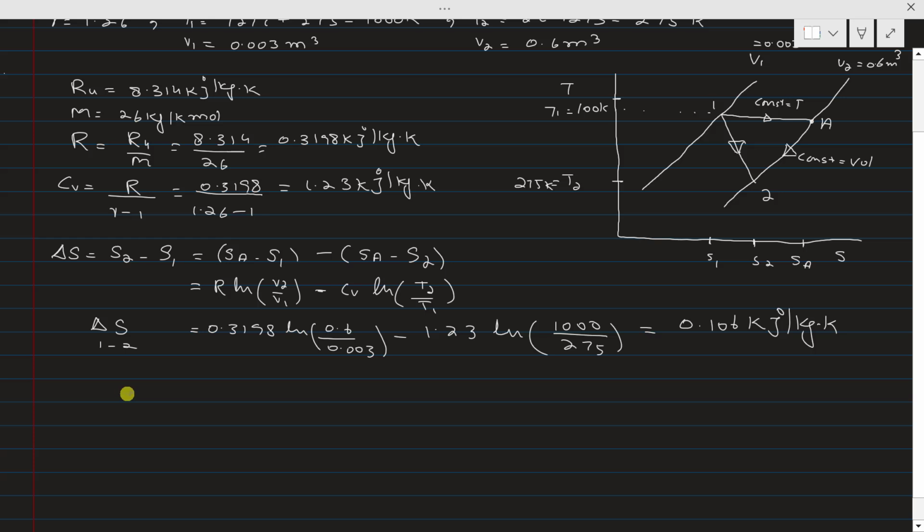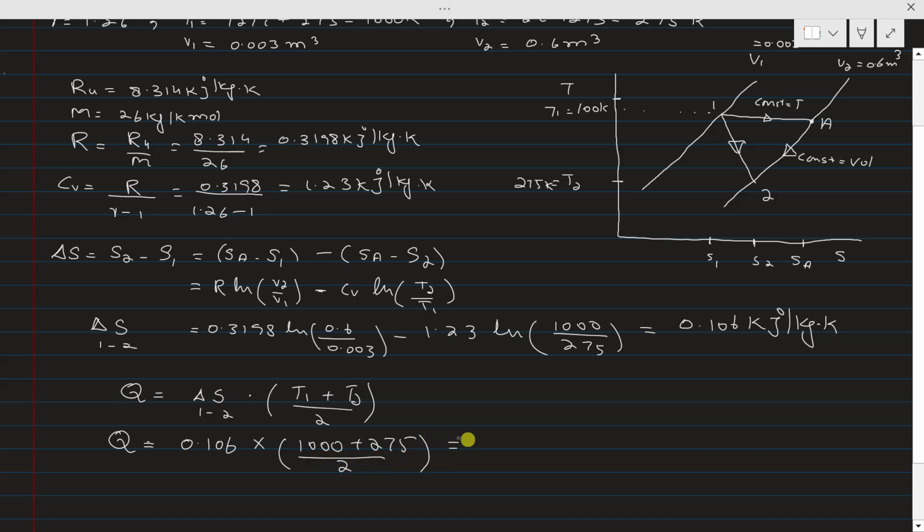Okay, next we need to find the heat that is supplied, that is equal to the net change in entropy from process 1 to 2 multiplied by the average temperature, that is T1 plus T2 divided by 2. So the heat supplied is the change in entropy, 0.106, multiplied by the temperature 1000 plus 275 divided by 2.